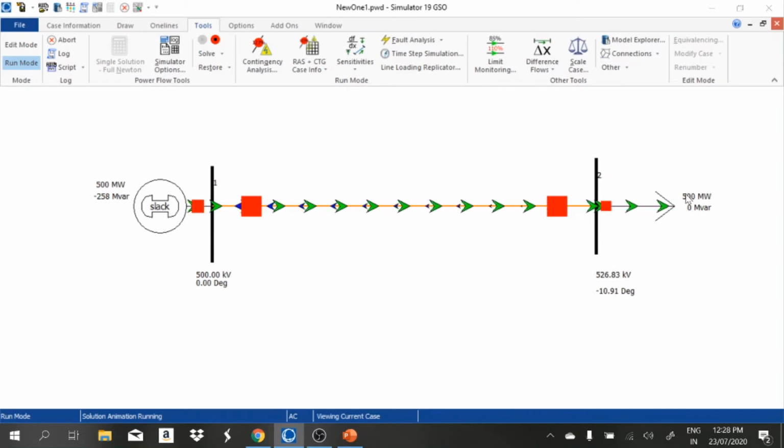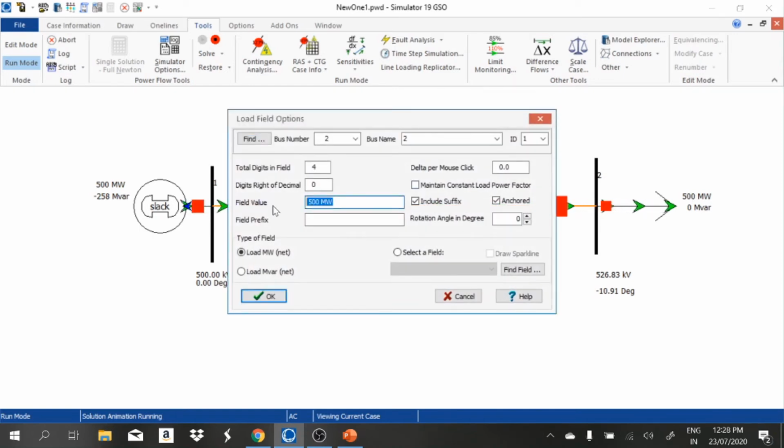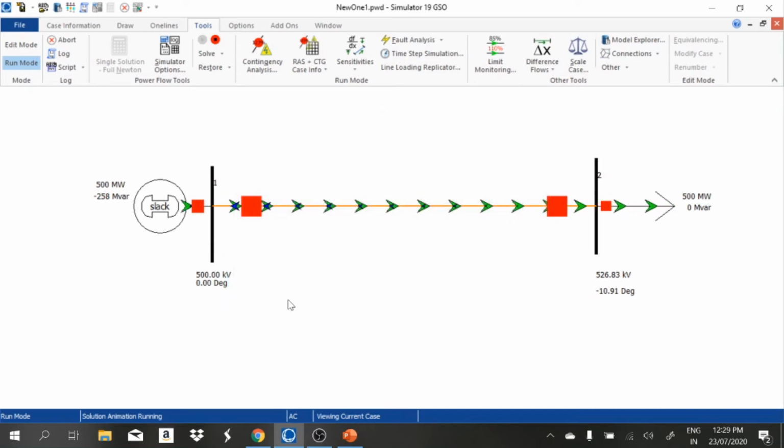Now we put the load of surge impedance value. At this load, we can see the receiving and sending end voltages are both equal, and the net reactive power flow in the line is also 0. Only the active power flows from generator to the load.